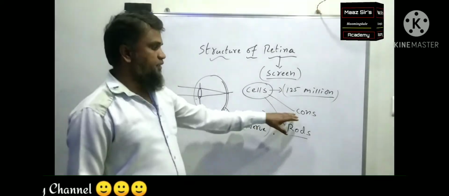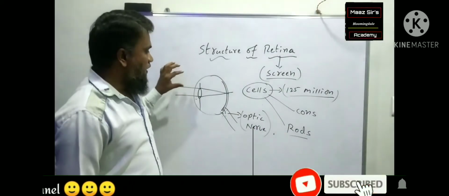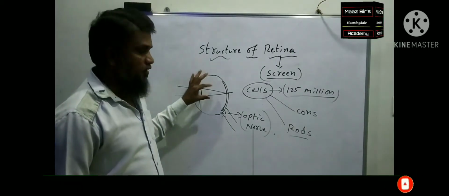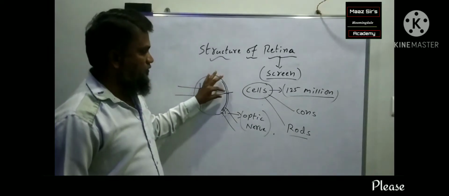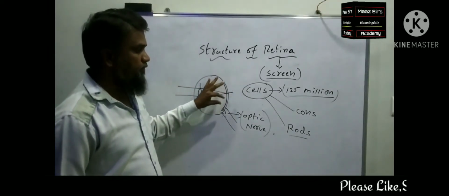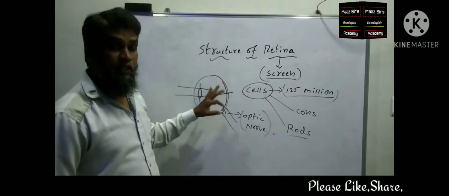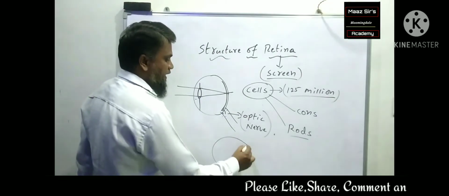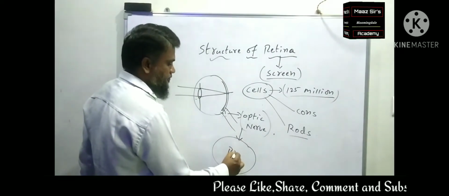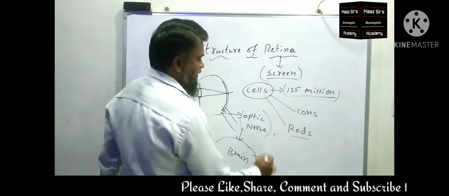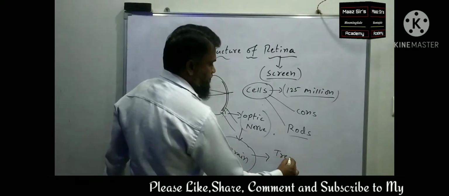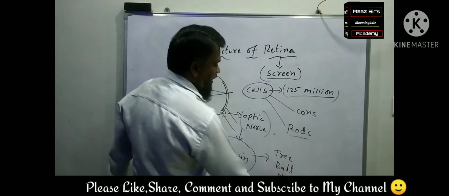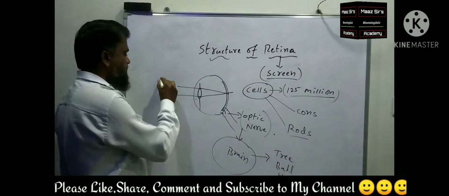That means the function of these cells is to receive the light signals or light rays, and transfer them into neuro signals, so that the optic nerve takes these signals to the brain, and the brain finally decides whether it is a tree, ball, house, or any object which you are seeing.